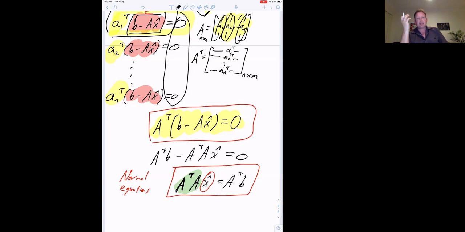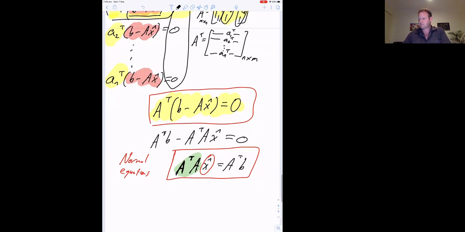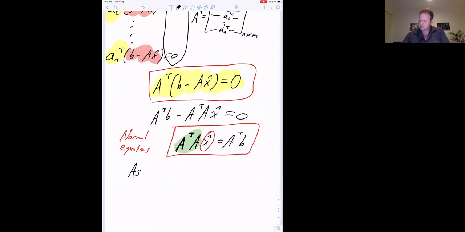Now, you've seen in the practical, Walla showed you, that the null space of A transposed A is the same as the null space of A. So now let's assume A has linearly independent columns.